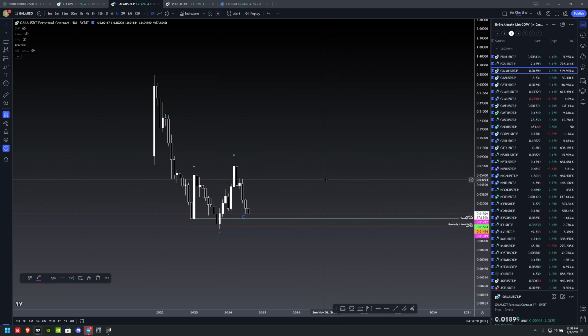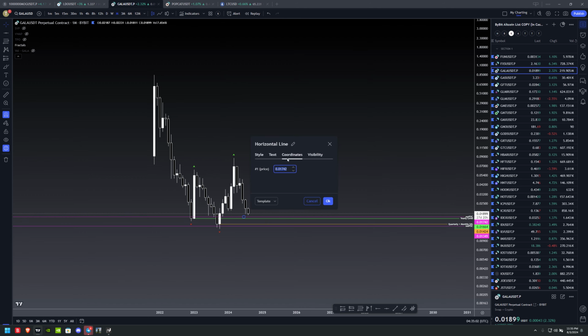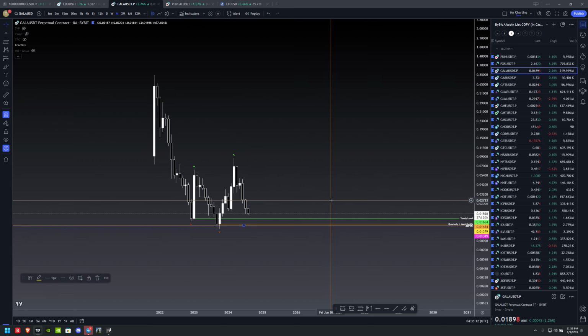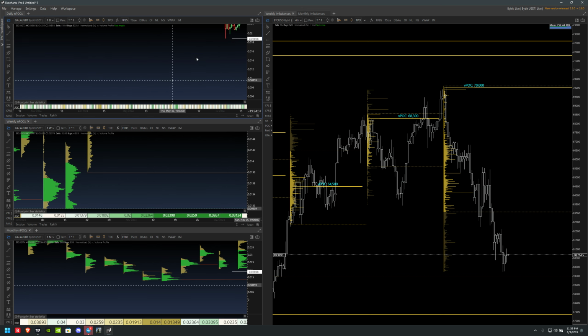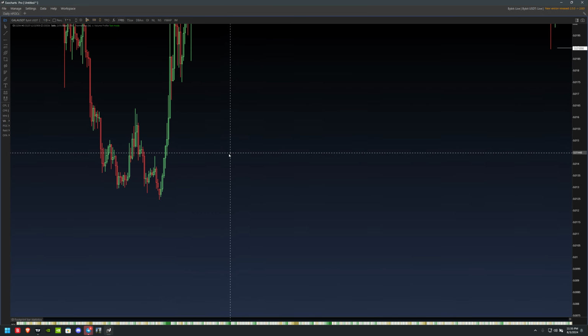Let's clone this right quick. 0.1379 is our weekly naked point of control. They're pretty much right on top of each other. Let's just expand this.